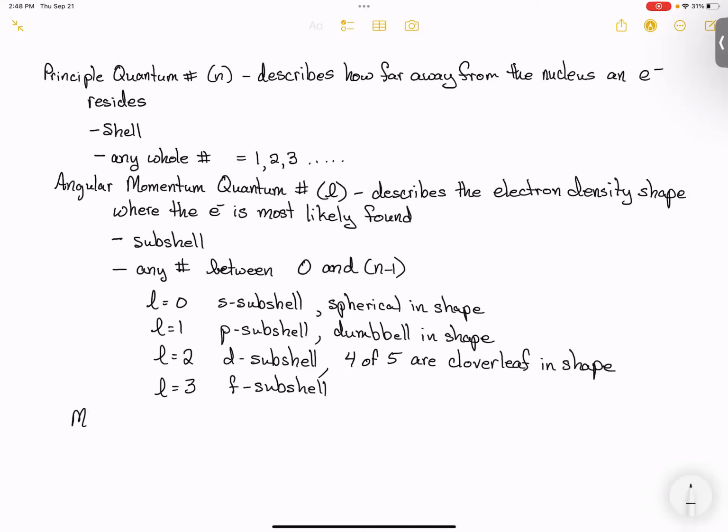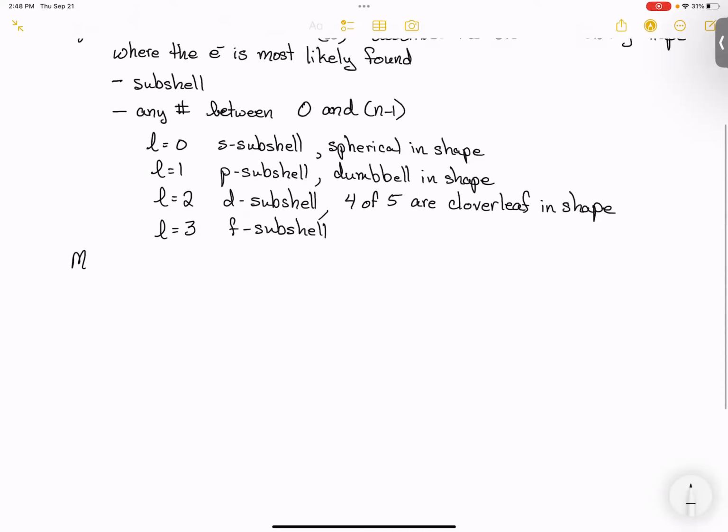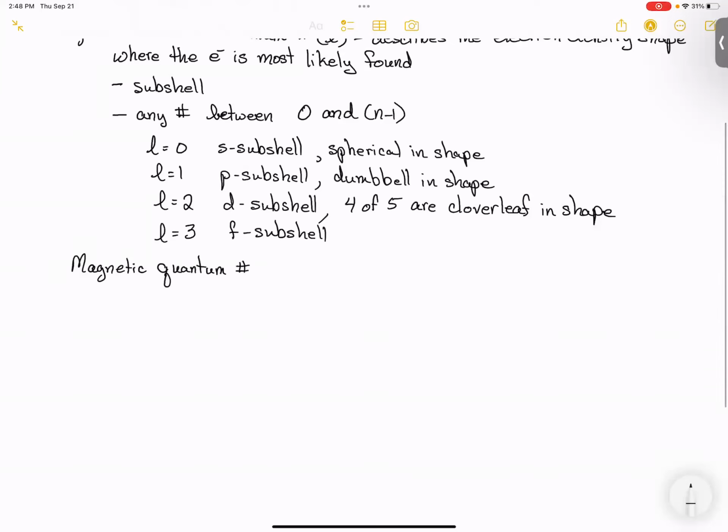Then you have the magnetic quantum number. The magnetic quantum number describes where in an XYZ coordinate plane the electron is likely to reside.